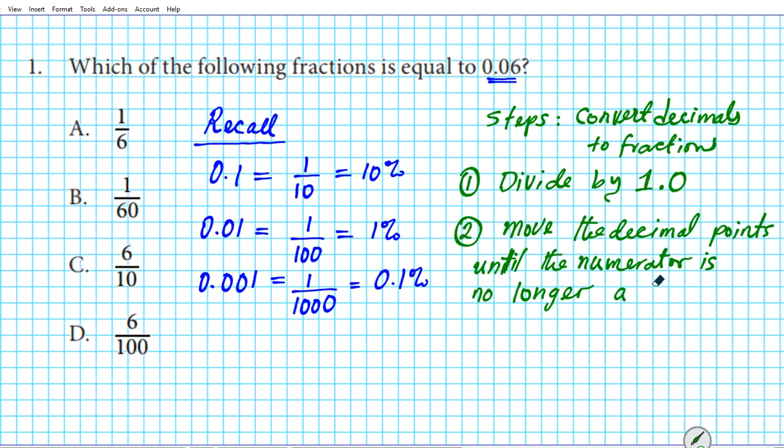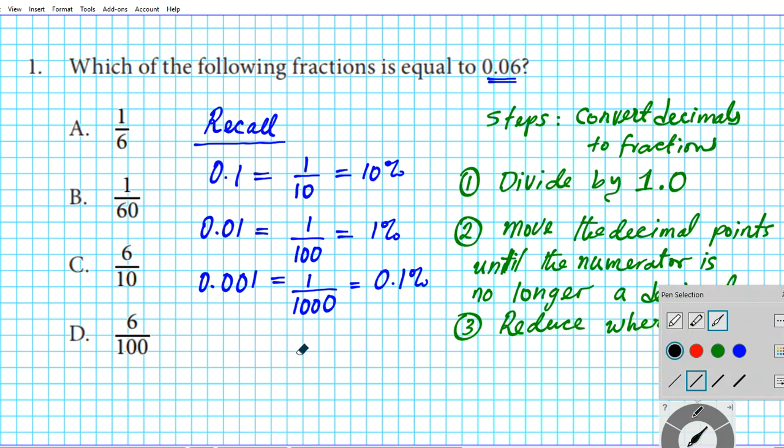In some cases, you have to reduce. In some cases, like this particular problem, you do not have to reduce. So step 3 is to reduce where applicable.